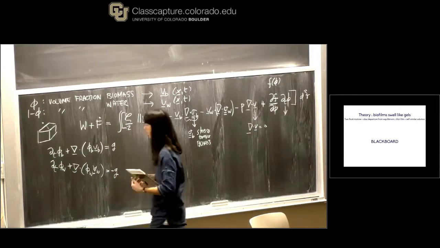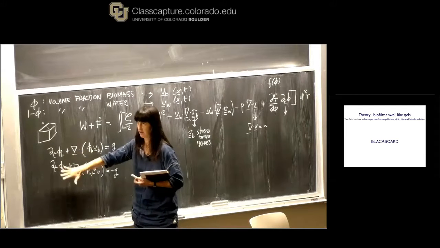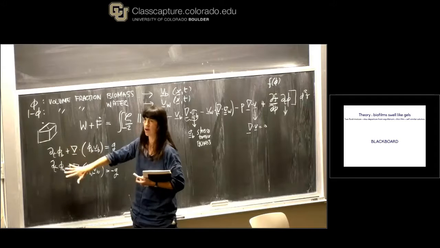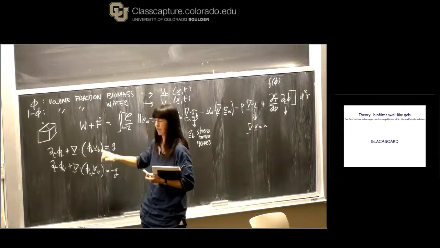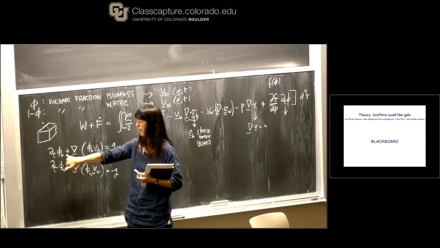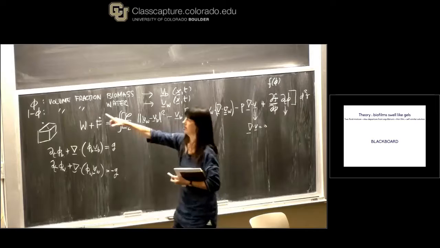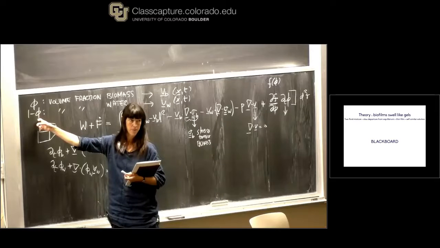Okay. So what I'm doing here is, just for a second, to make sure this is clear that these are two different phis and two different velocities, I've added B and W for biomass and water. Okay, we'll move back to this in the next step.